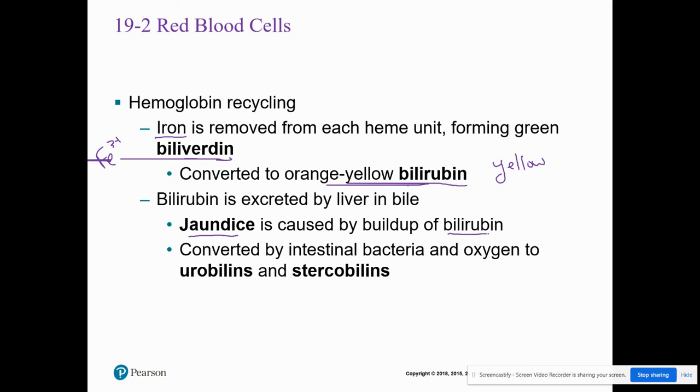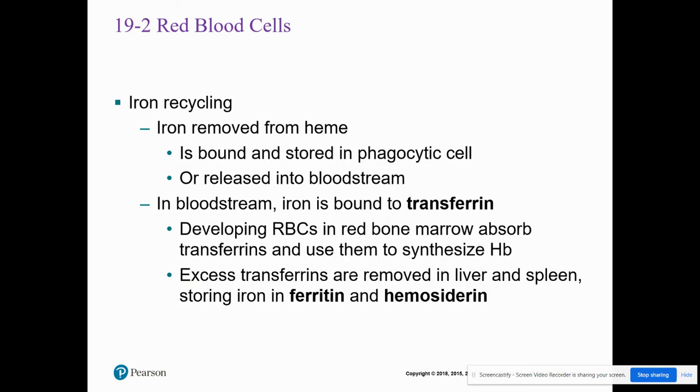You'll see this yellow buildup, the bilirubin in the skin and the whites of the eyes. And we use intestinal bacteria that are normally present, as well as oxygen, to get it converted from bilirubin to urobilins and stercobilins.